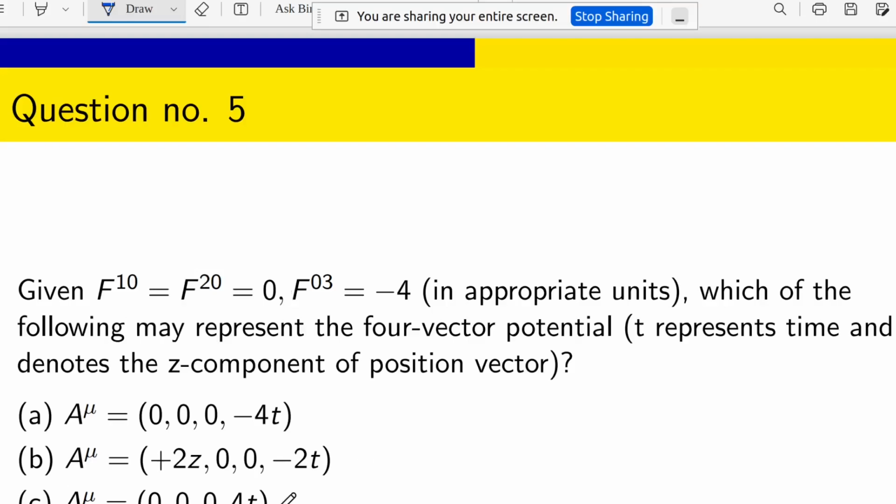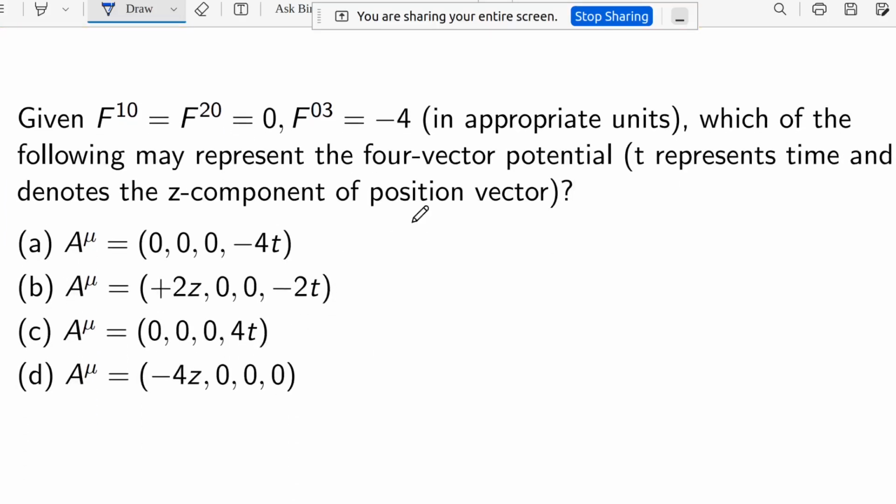In the options they have mentioned z and t. So A mu equals 0 0 0 minus 4t, A mu equals 2z 0 0 minus 2t, A mu is 0 0 4t, and A mu is minus 4z 0 0 0. So this is the question and answer.